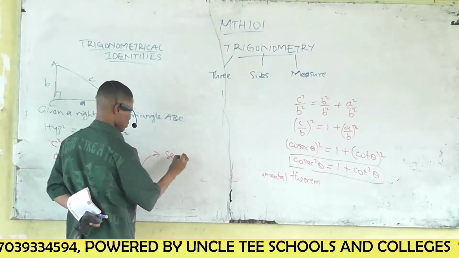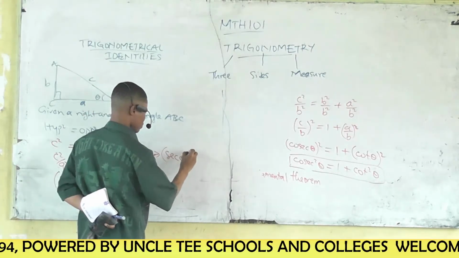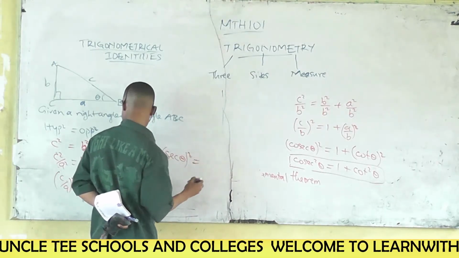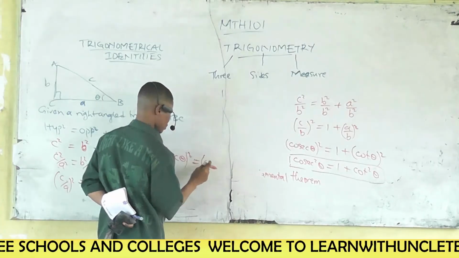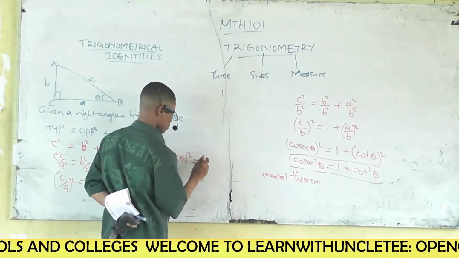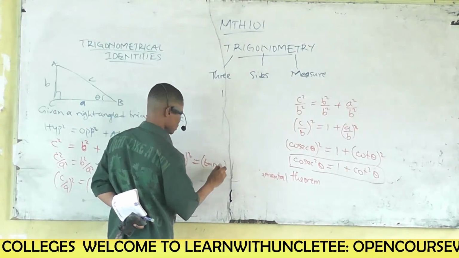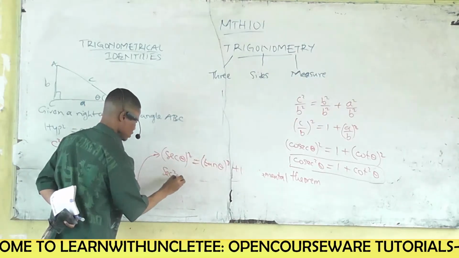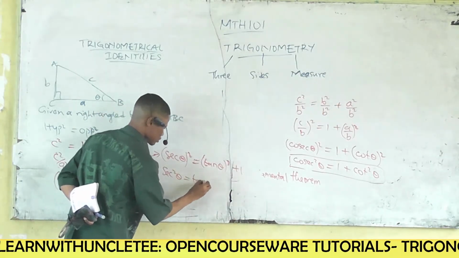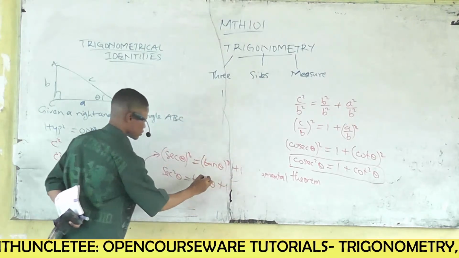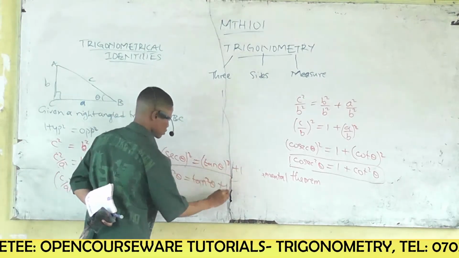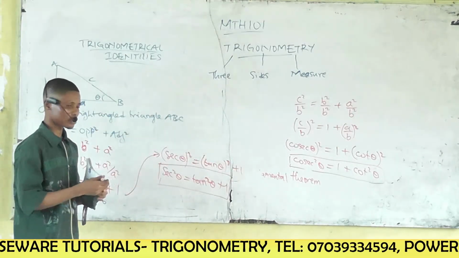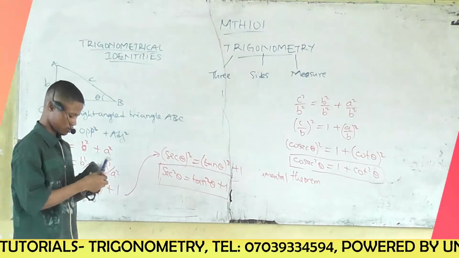Sec theta all square equal to tan theta all square plus 1. So this gives sec square theta equal to tan square theta plus 1. So that's another proof. Don't forget, from fundamental theorem we derive all this.